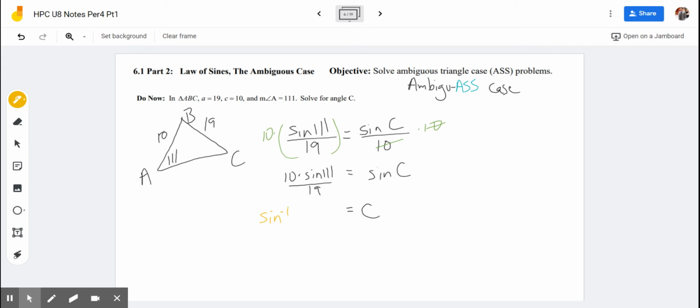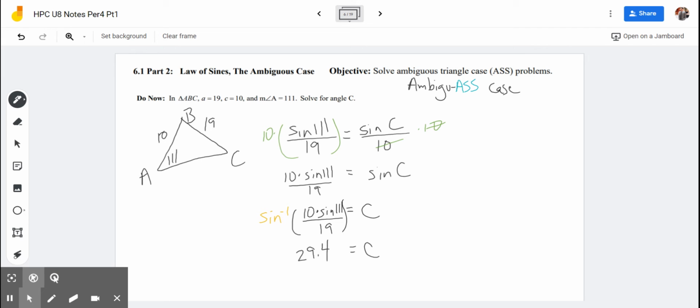Sine inverse of, you would do control divide on the Inspire, 10 times sine 111 over 19. And then just make sure you're in degree mode. And angle C should be about 29.430.